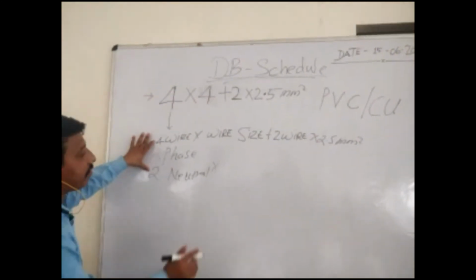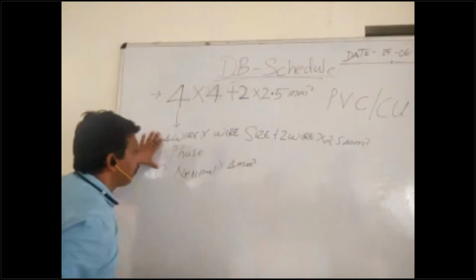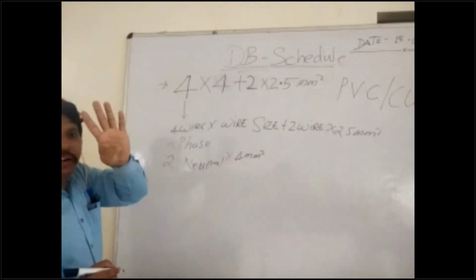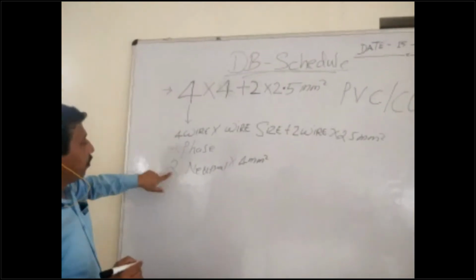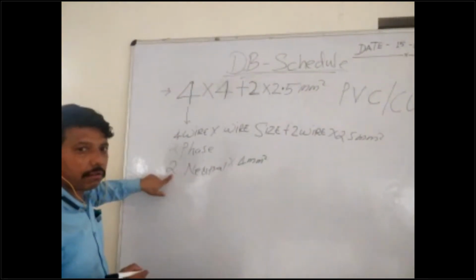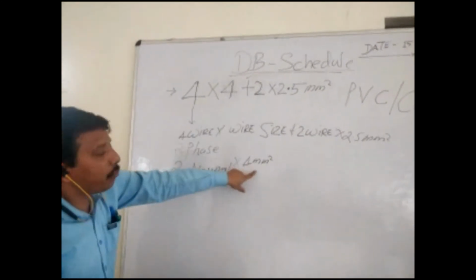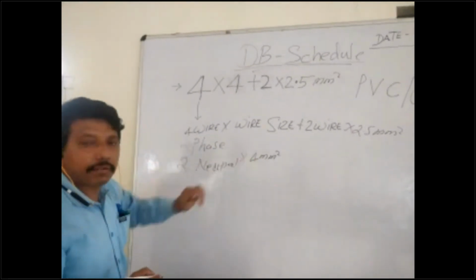These 4 wires are 4 mm square. The first 4 is 4 wires, which means 2 phase, 2 neutral. And the other 4 means wire size 4 mm square.